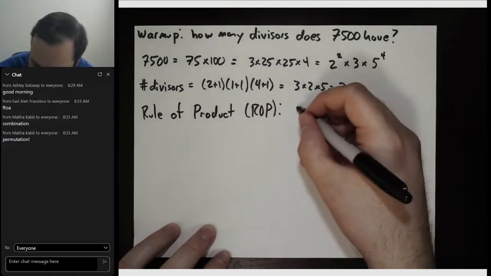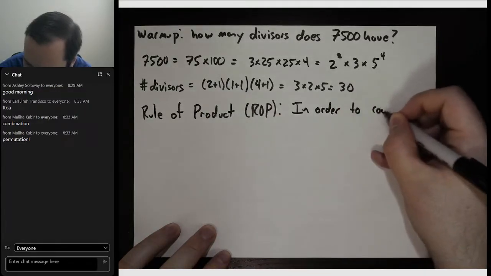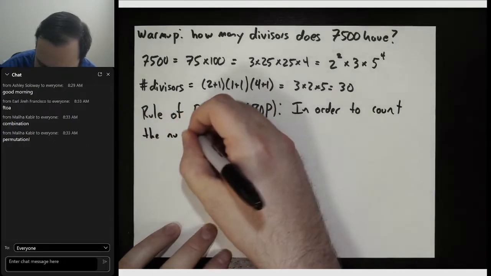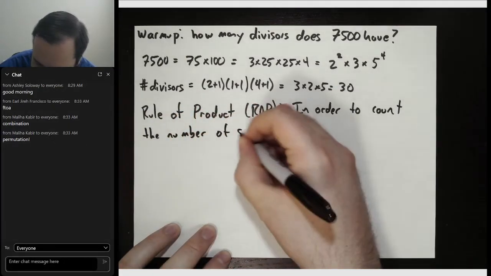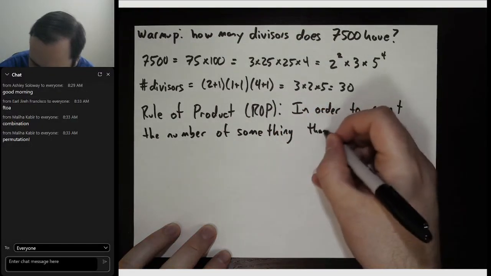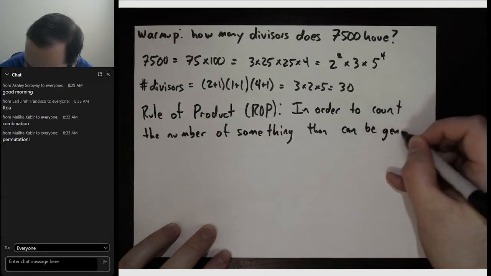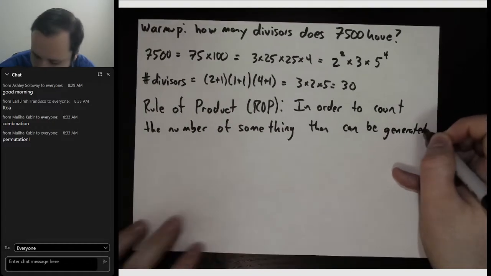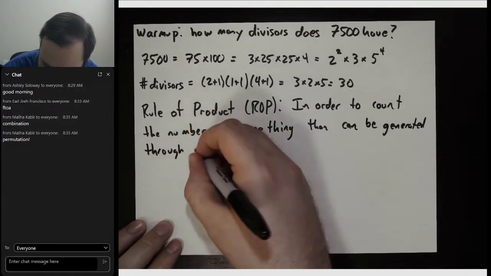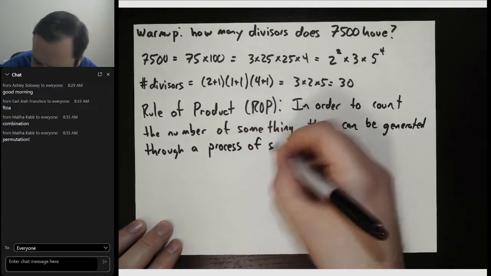So in order to count the number of something that can be generated through a process of steps, and this part is important.